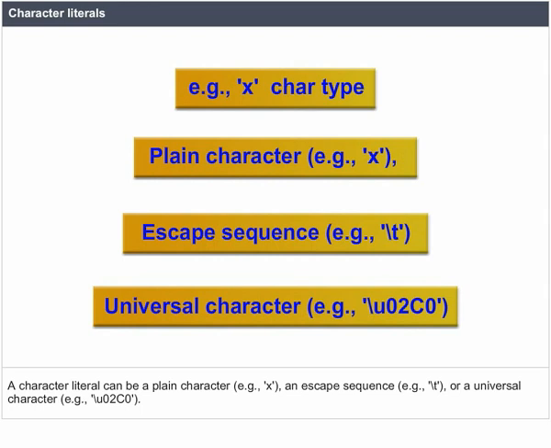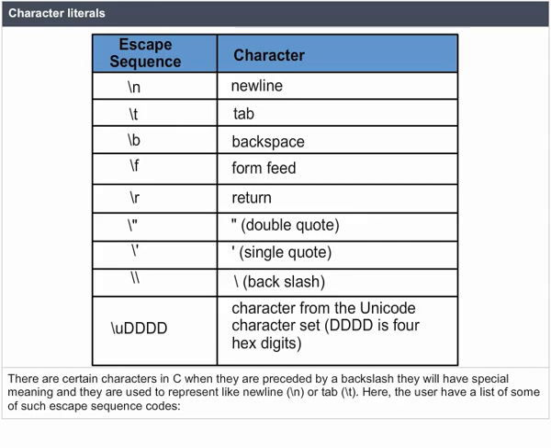There are certain characters in C which, when they are preceded by a backslash, have special meaning and are used to represent things like newline (\n) or tab (\t). Here, the user has a list of some of such escape sequence codes.